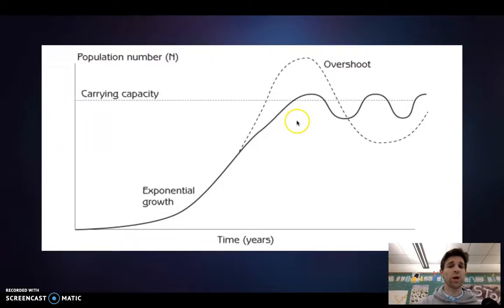And we often see this. We often see organisms overshooting their carrying capacity, particularly those type 3 survivorship organisms, those invertebrates mostly. Insects do this, crustaceans, other invertebrates tend to produce a lot of offspring and overshoot their carrying capacity, given the chance.